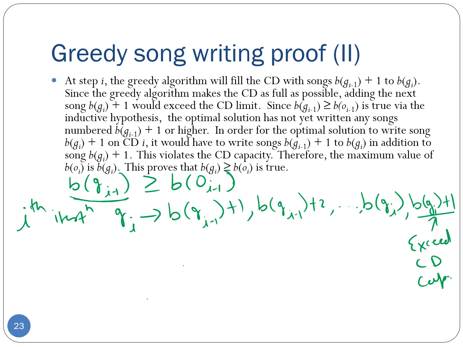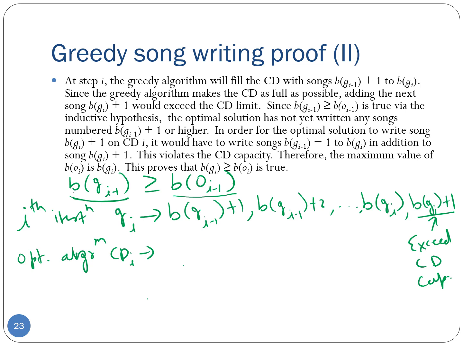Now let's see what the optimal algorithm can do for CD i. The optimal algorithm for CD i will write songs starting from B of O_{i-1} plus 1, so basically the next song after this one. Now we know that B of O_{i-1} is less than or equal to B of G_{i-1}.